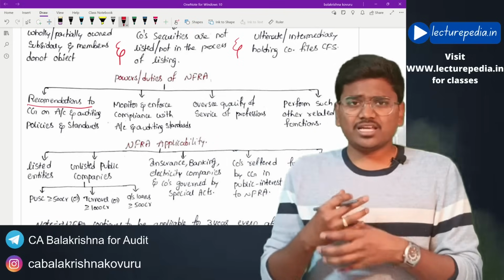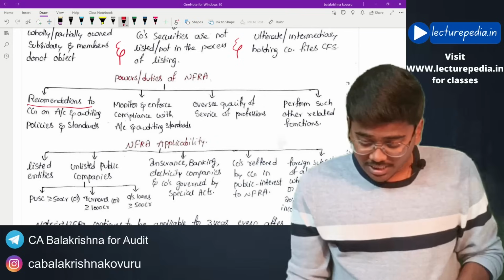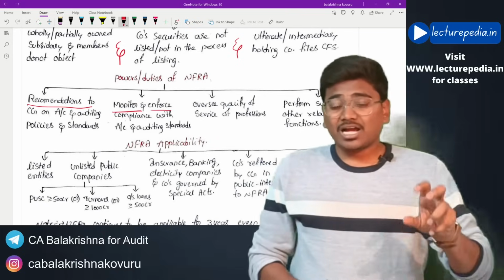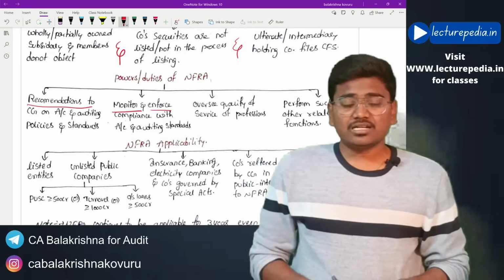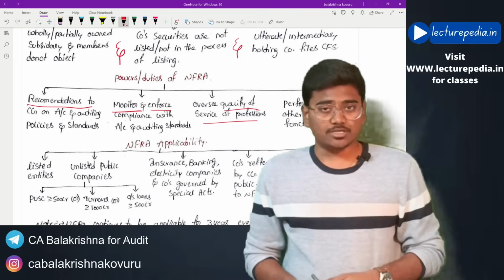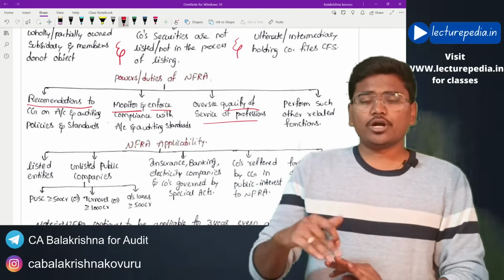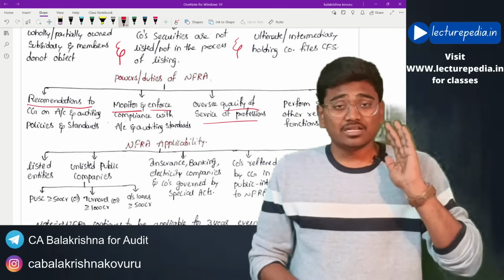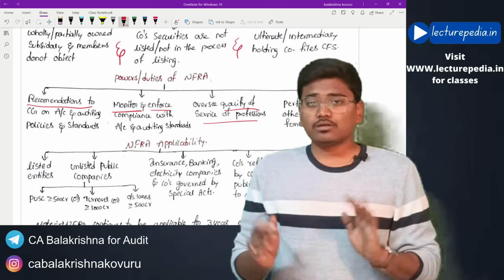This NFRA will consult our ICAI, okay, and it will also monitor and enforce compliance with the existing accounting standards and auditing standards. It will also ensure quality of service of the professionals. Basically, NFRA has reviewed audits of various companies and it has given various reports. Okay, if you read those reports, they are very fantastic.